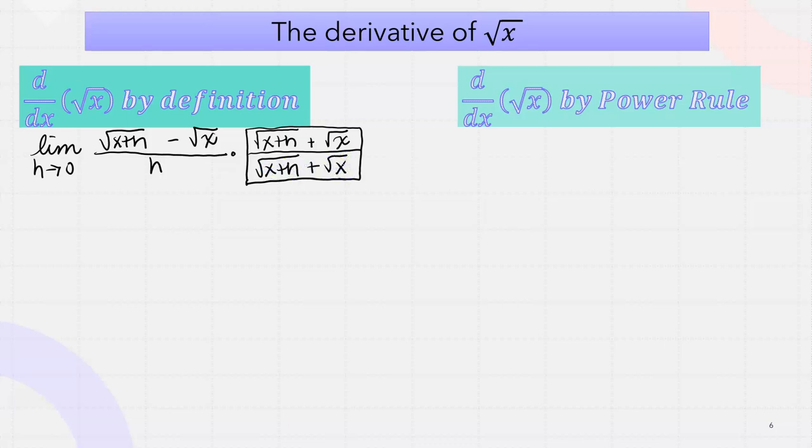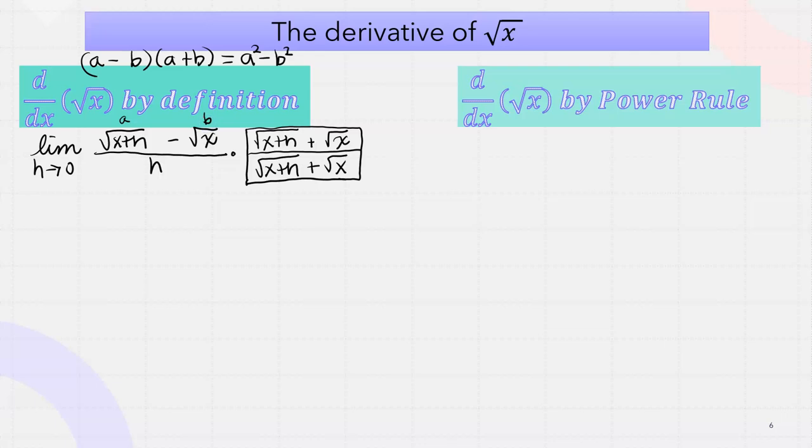Now when you have a thing multiplied by its conjugate, like a minus b times a plus b, we will have a squared minus b squared, the difference of two squares, with a being square root of x plus h and b being square root of x.